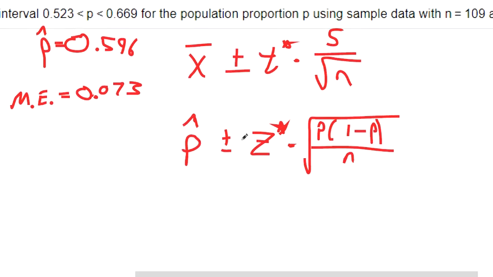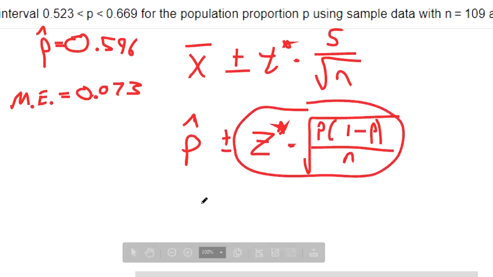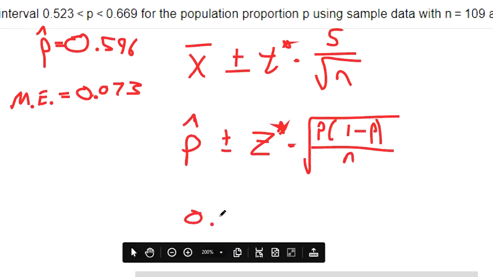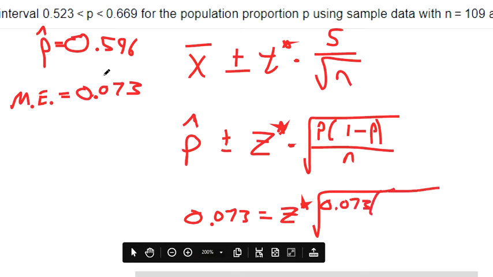And so now that I have the margin of error, I can make an equation. I can set the margin of error part equal to 0.073. And if I can solve for z star, I can use an online calculator to convert that to a percentile. So I'm plugging in, oh no, sorry, I plugged in the wrong thing. I need to plug in 0.596 for p.